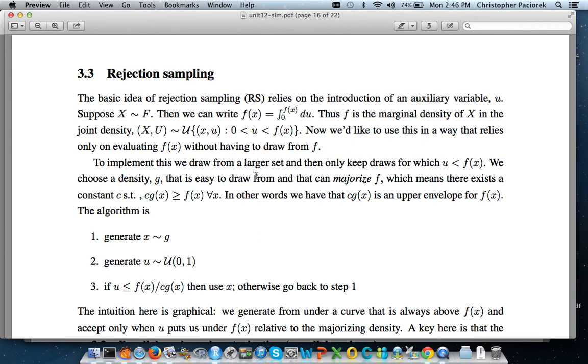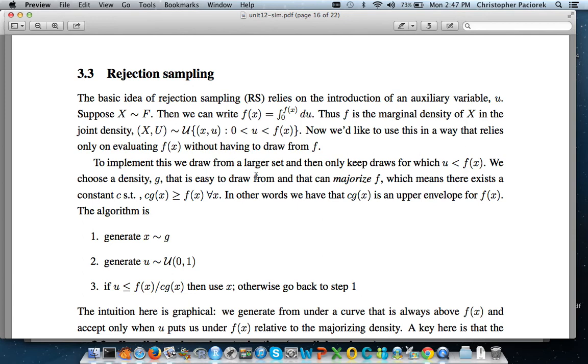Suppose I can come up with this magic G, and G, when I scale it by C, looks something like this. So this is C times G of x. I know that this is not the original density G of x, because f should integrate to 1, so this particular curve doesn't integrate to 1 because it's obviously above f.